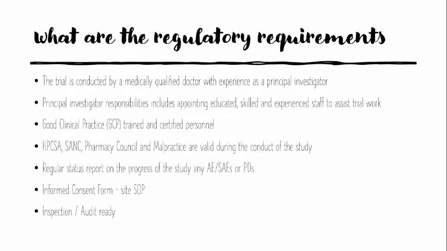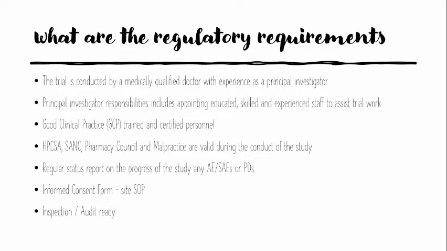Regular status reports on progress of the study. It is expected that as a research site, you will be required by the regulator to provide ongoing status reports, basically your SAEs and protocol deviations. You need to also have site informed consent SOPs, which are explicit in terms of how you conduct informed consent or recruit your participants.